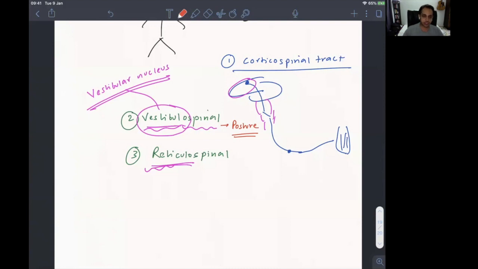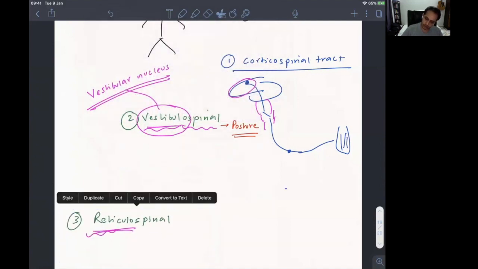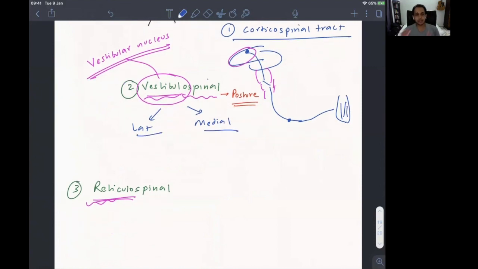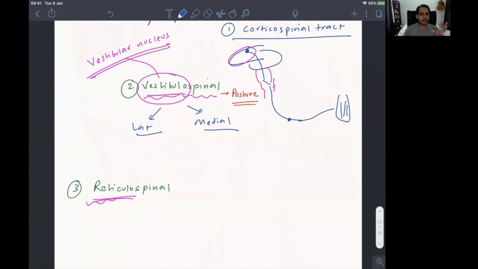So that is the function of the vestibulospinal tract, and it mainly does this by two tracts. The vestibulospinal tract has one lateral tract and a medial tract. I won't go too deep into this, but both of them acting together will modulate your axial and your lower limb tone to make sure that you are standing erect.